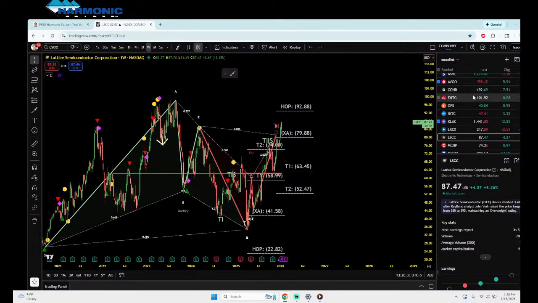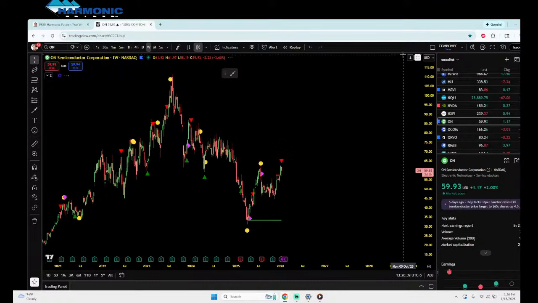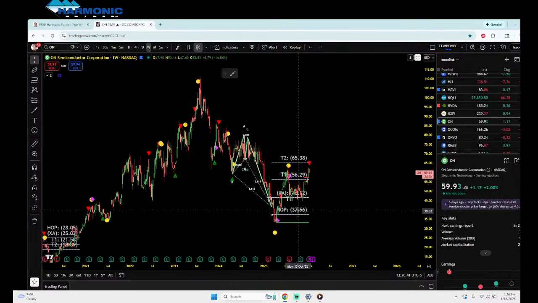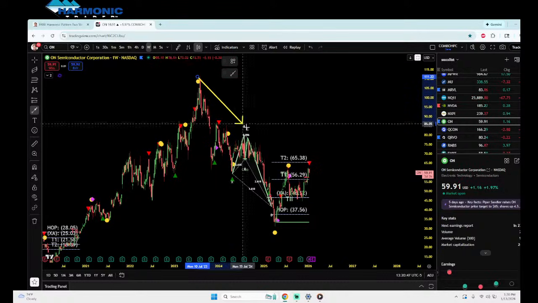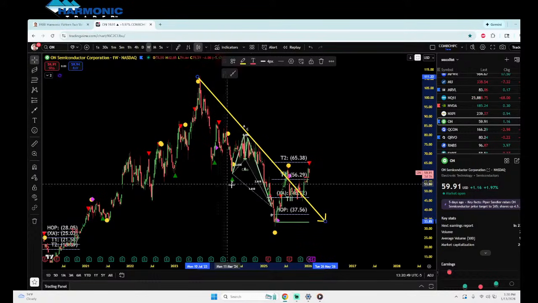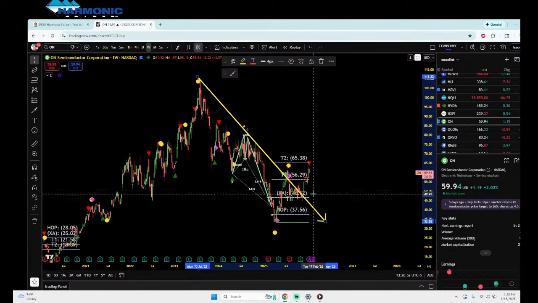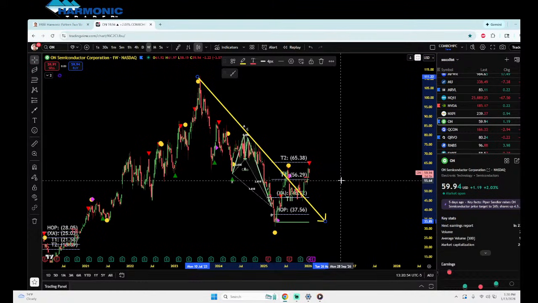One or two more on those. ON Semi, okay, taking its time, but this one's coming off a really nice pattern, a type 2. And you're looking for this to be more than a recovery because, look, ON is clearly breaking out of the downtrend. And now we'll start looking for higher levels of overbought readings.